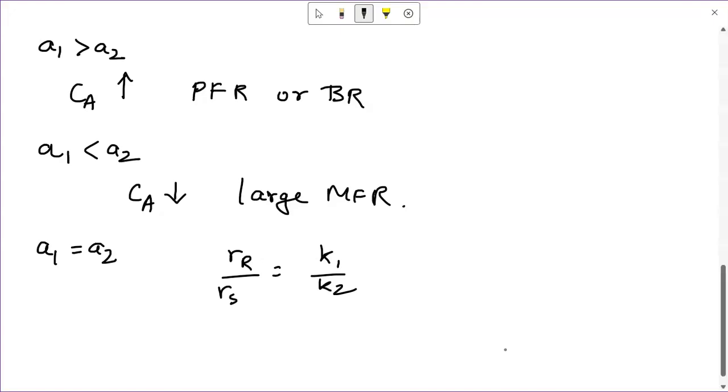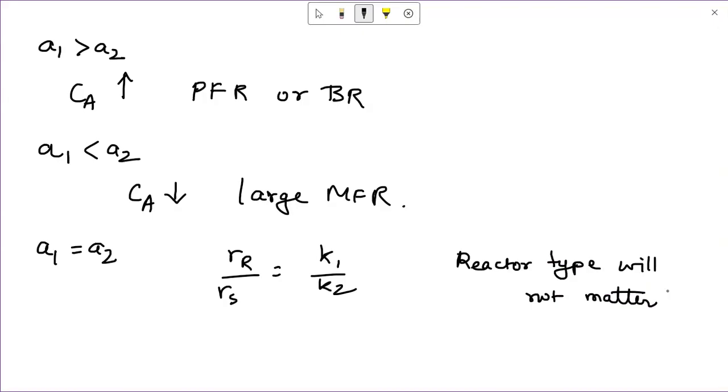So if we want to control the product distribution now, then we have to somehow manipulate K1 and K2. Here the type of reactor will not matter anymore. We will like to manipulate the conditions. Now how will we manipulate the conditions?